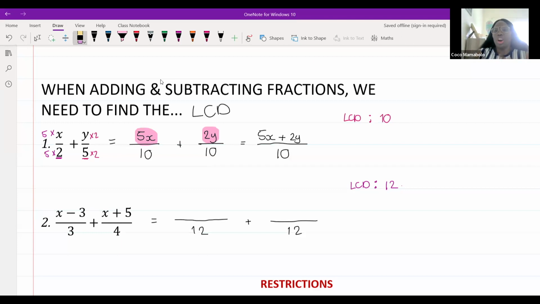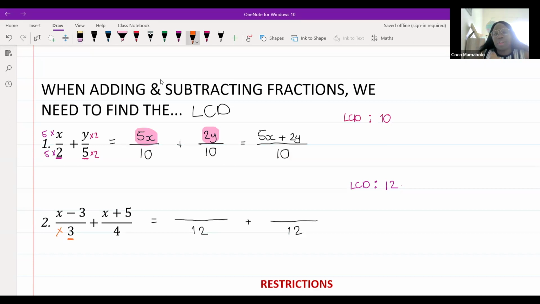Excellent question. All right, good. Now, let's go back to this question over here where we've got 12 as the denominator. If I've got 3 over here, how did I get from 3 to 12? What did we times by? Times by 4. Excellent. So I'm going to times the bottom by 4.